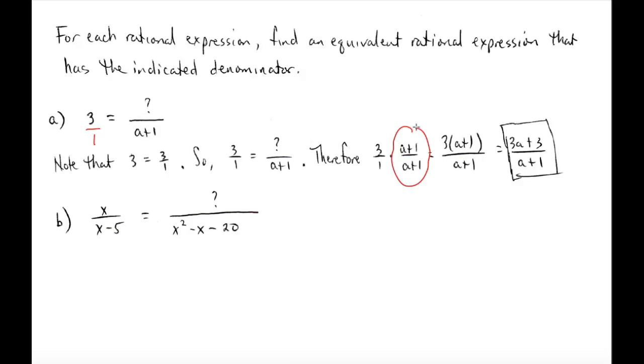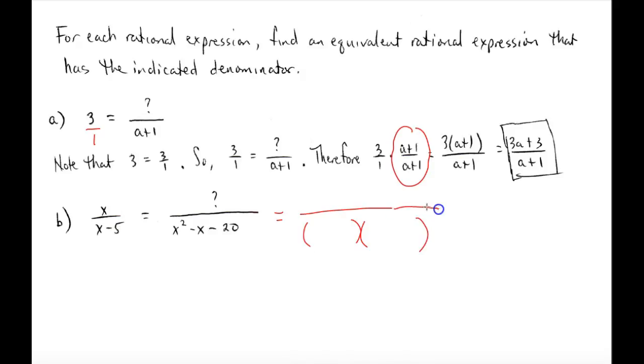Now, in example B, we notice here that we have x over x minus 5, and we want to figure out what is the equivalent rational expression with the denominator x squared minus x minus 20. So the first thing that we need to do is factor x squared minus x minus 20 to see what it is composed of.